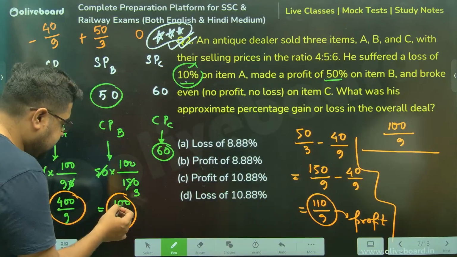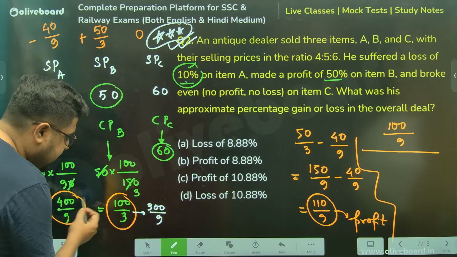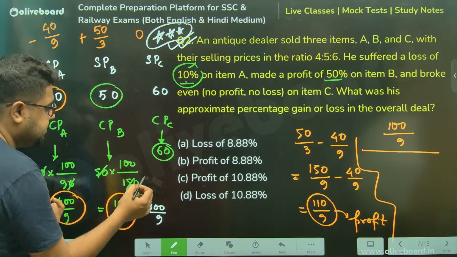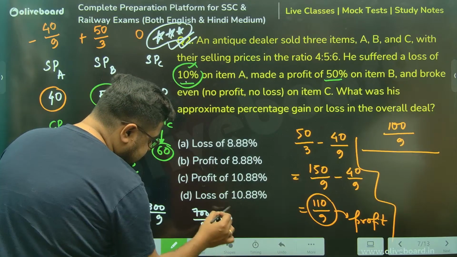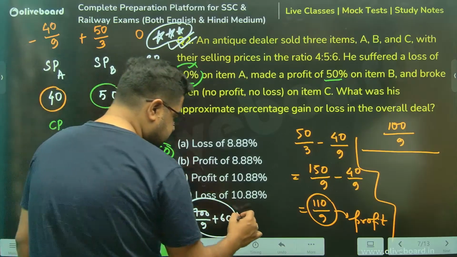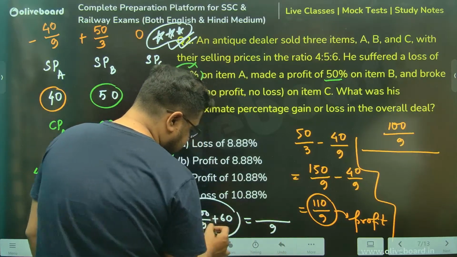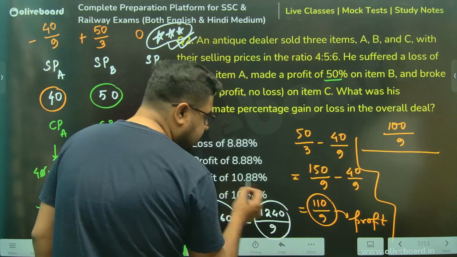So this is 400 by 9, 300 by 9, 700 by 9, plus 60 rupees. This is the total CP, CP of A, B and C. So if you do this, 540 plus 700, so 1240 rupees by 9. This is your total CP.